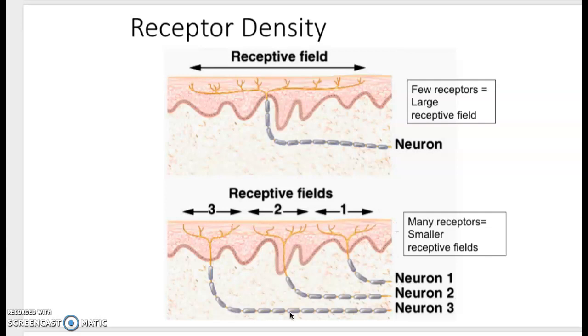So these are smaller receptive fields. Which one do you think has higher discrimination, top or bottom? Hopefully you're thinking bottom. If you're able to poke on number 1 and number 3, you'll feel those as two separate pokes, versus if you poke anywhere along here, it's all going to be perceived the same.